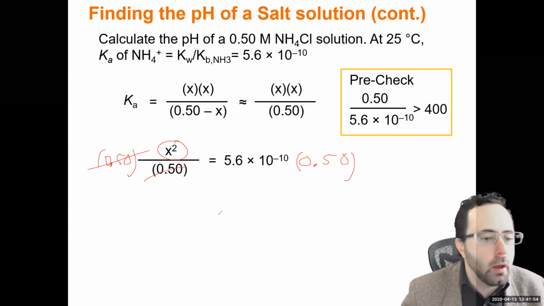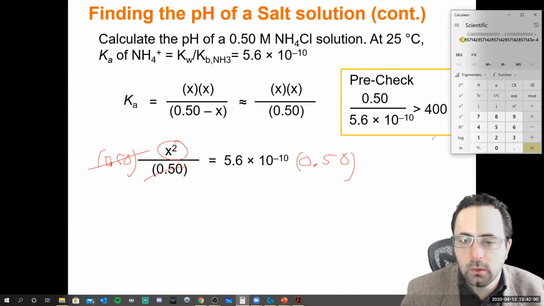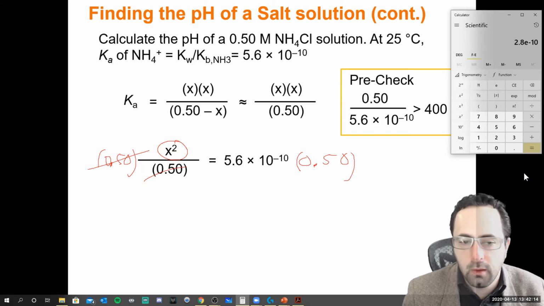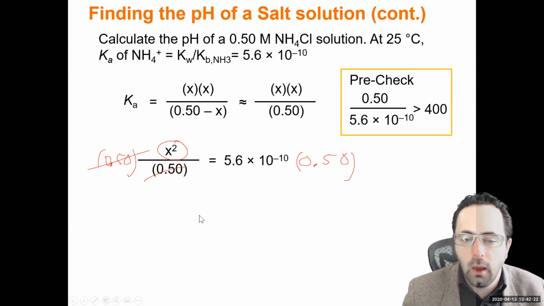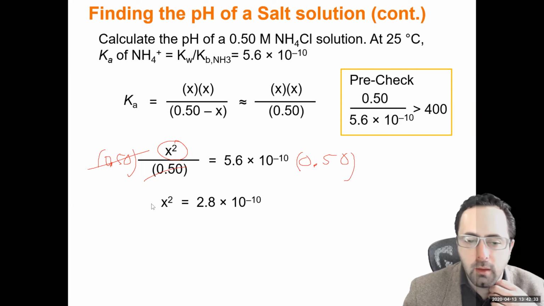And we've got to multiply this, so let's do that. 0.5 times 5.6 e minus 10, and we get 2.8 times 10 to the minus 10. And so let's continue now. So we'll have x squared on this side equals 2.8 times 10 to the minus 10. Now we have to square root both sides.